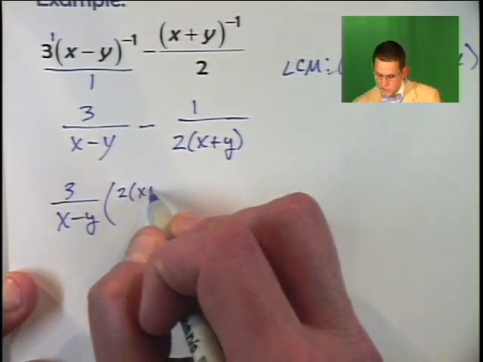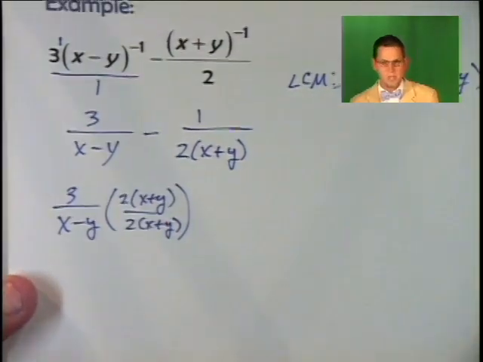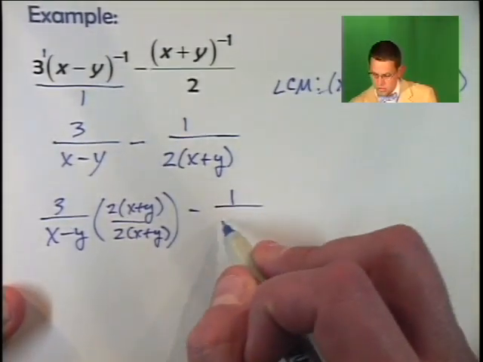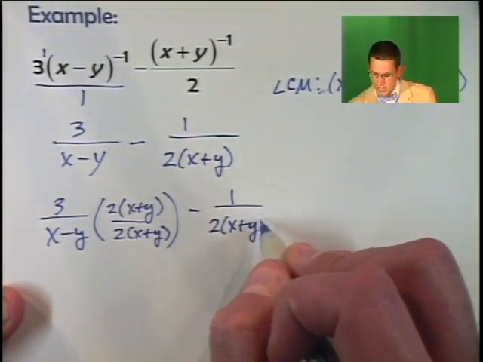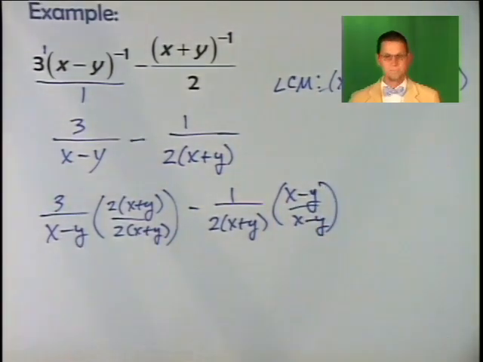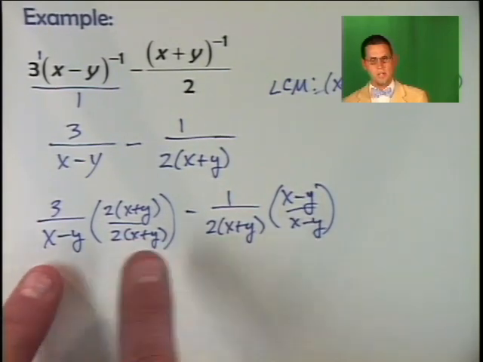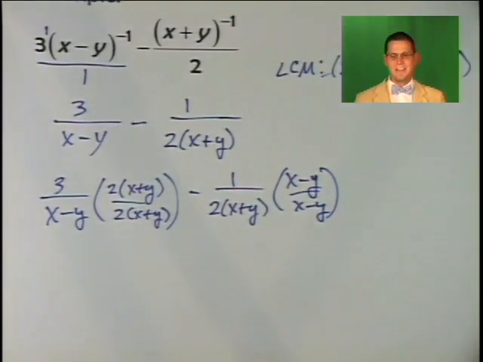I need the 2 times the x plus y on this term, multiplying by it over itself. And then I have minus 1 over 2 times x plus y, and it just needs the other guy, x minus y over x minus y. Routine process, multiply by 2 fractions equivalent to 1, so that when you're done, each term has the same denominator, a common denominator. And in this case, it is the least.